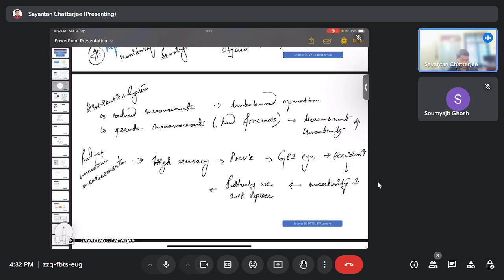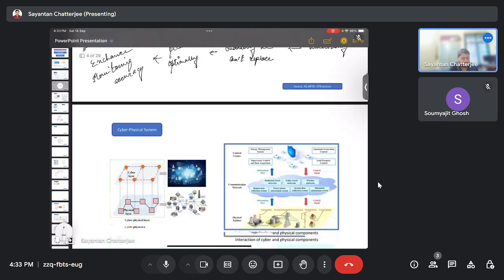So in exchange, we try to place PMUs optimally, and therefore enhance monitoring accuracy. That's the overall view of this optimal PMU placement section.